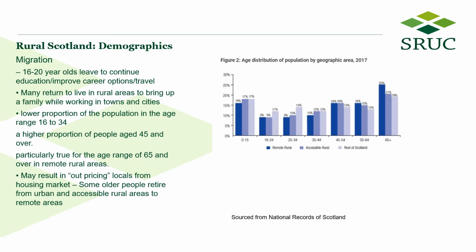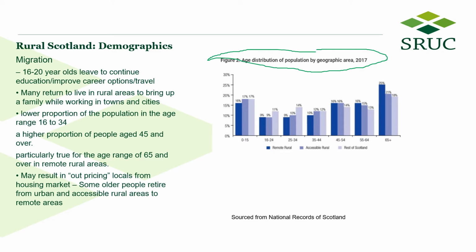So this figure shows the distribution of population by geographic area and the age distribution of rural areas compared to the rest of Scotland. We can see that it's markedly different for particular groups of the population. Specifically, rural areas have a lower proportion of the population in the age range 16 to 34, but a higher proportion of people aged 45 and over, which is what I covered before.